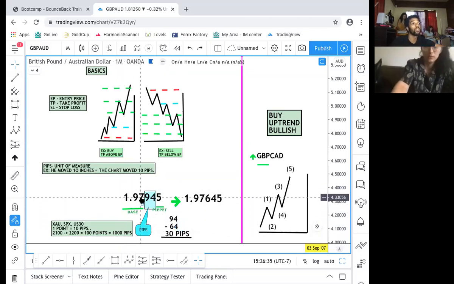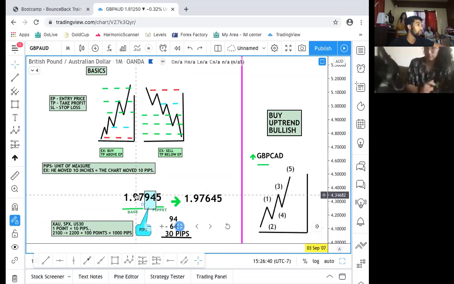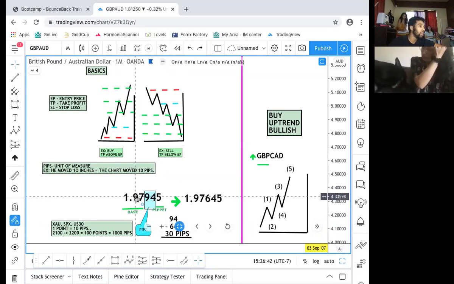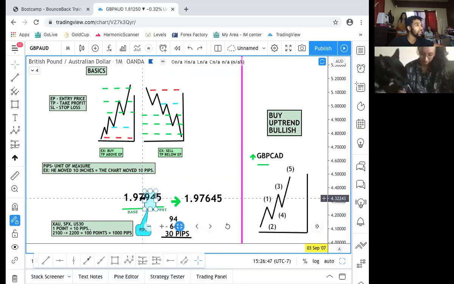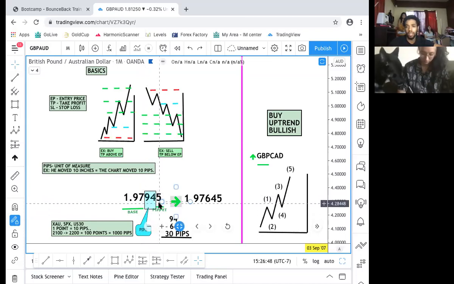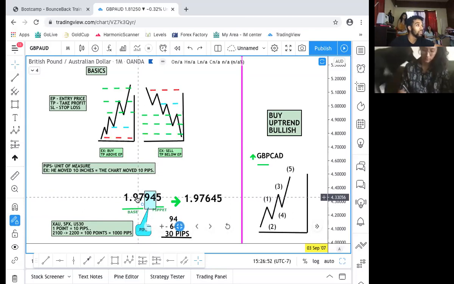You won't see this number change too often, and if it does change often, that's because it's on the borderline. Does that make sense, family? That makes sense. But typically you won't see this number change too often. This number changes if price moves in the hundreds of pips.